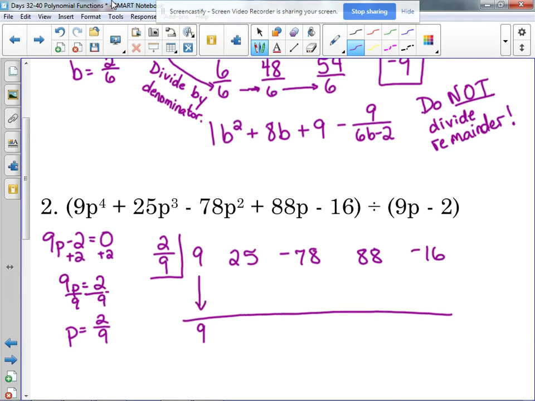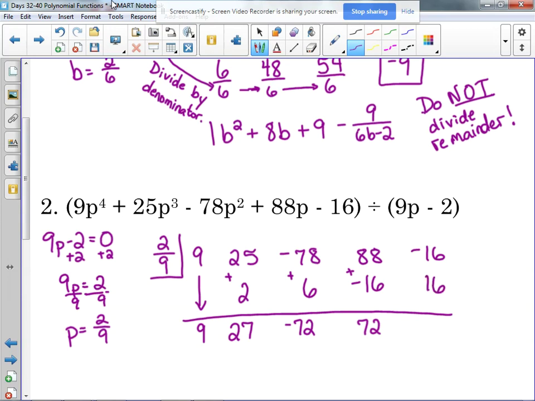Bring down the 9. 9 times 2 over 9 is 2. Add 27. 27 times 2 over 9 is 6. Add, we get negative 72. Negative 72 times 2 over 9 is negative 16. 88 plus negative 16 is positive 72.